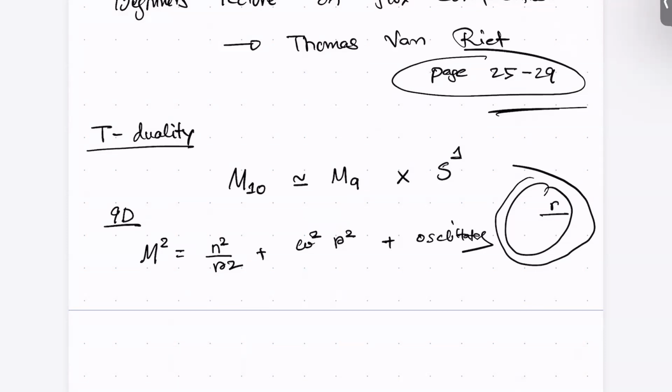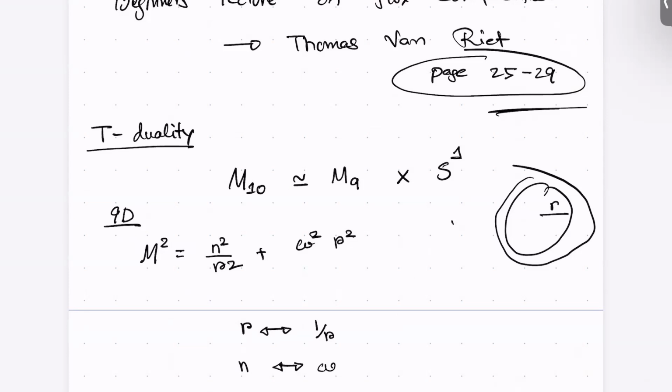Because unlike the point particle case, if I shift this, is my mass invariant? Is my M squared invariant? Okay, so this is weird, right? If I do this transformation, M squared is unchanged.